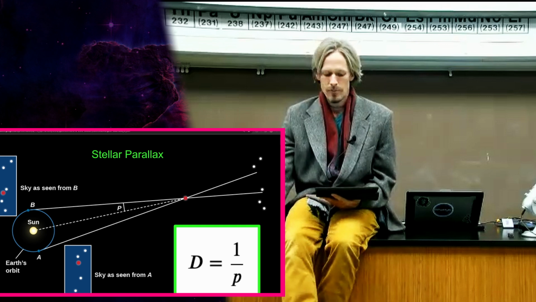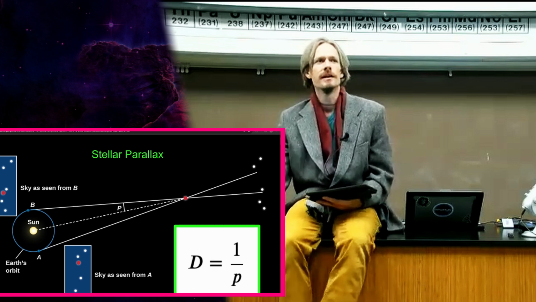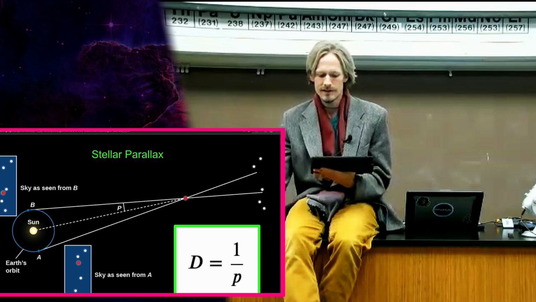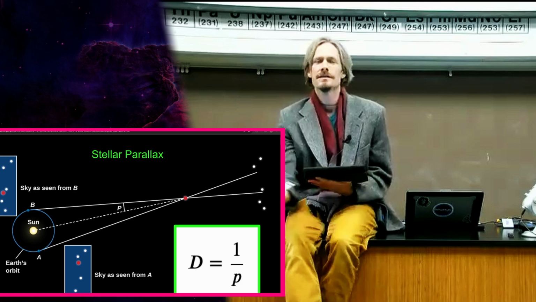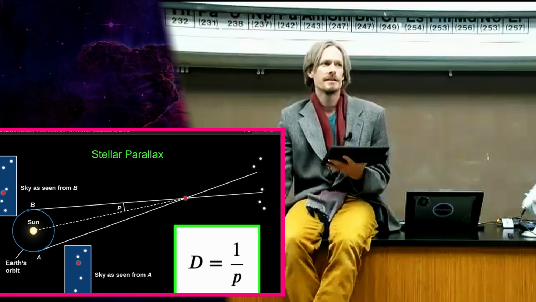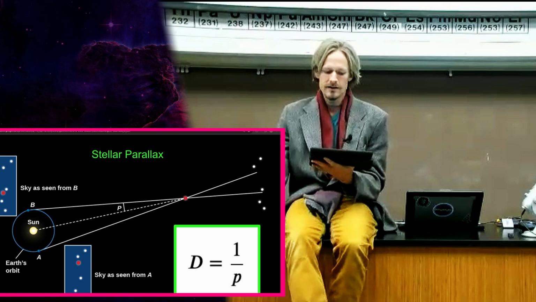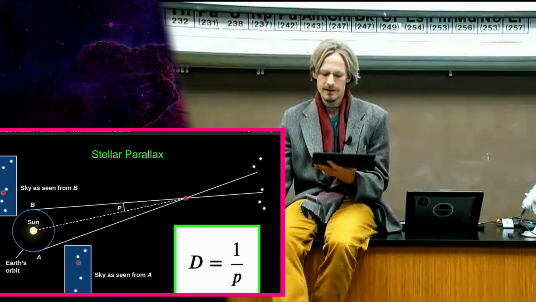And so these are really, really tiny. It's something like a millionth of a degree of a circle, right? It's a tiny window. So the question becomes, with a millionth of a degree of separation in the sky, so you're really just seeing the tiniest fraction, how far away is that star with the baseline of the entire orbit of the Earth? And the answer is about 3.26 light years.